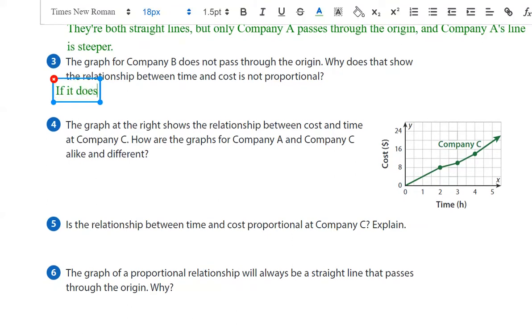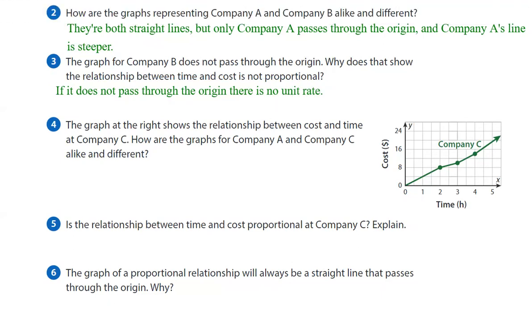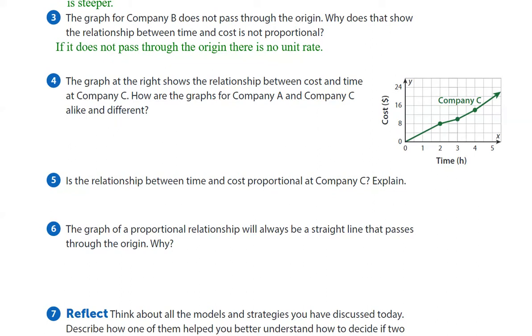If it does not pass through the origin, there is no unit rate. There's no cost per mile because it's going to change because it's got that starting amount of $8. So that starting amount of $8 messes with it. And remember, another term for unit rate that we're using interchangeably is constant of proportionality. So that would be fine to put there as well.